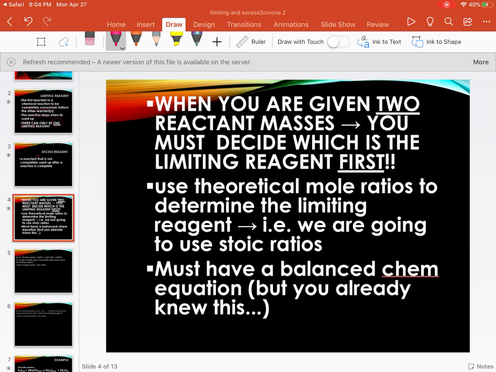So, as it says here, you have to figure out the limiting reagent first, and that's what you'll be asked to do first as well. We're going to use mole ratios, which is stoich, to determine the limiting reagent. And if we are doing stoich, then you need to have a balanced chemical equation.